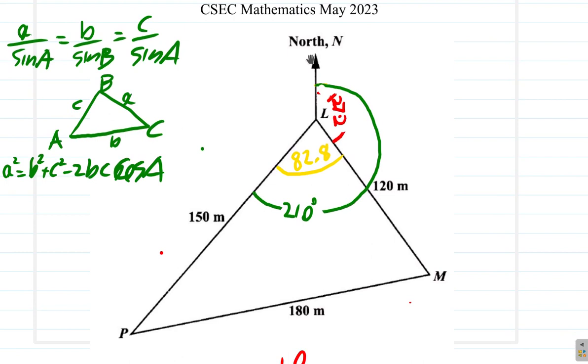Well, this is not line N. NLP. But hold on, they're already saying the bearing of P from L is the same thing as NLP. It will be 210. Right?